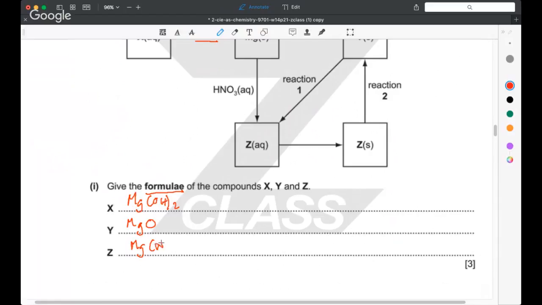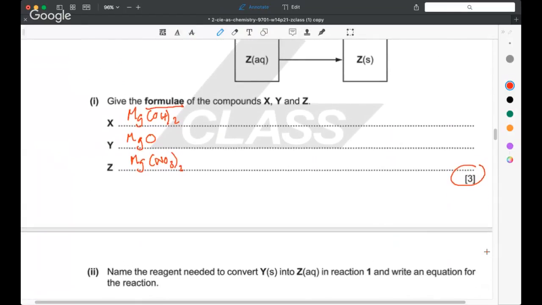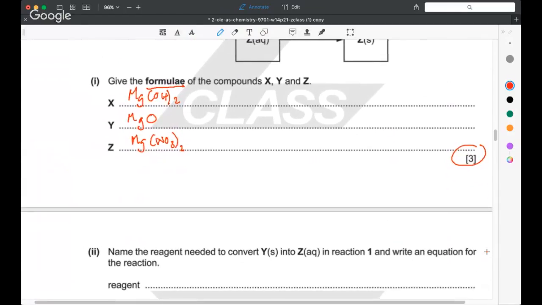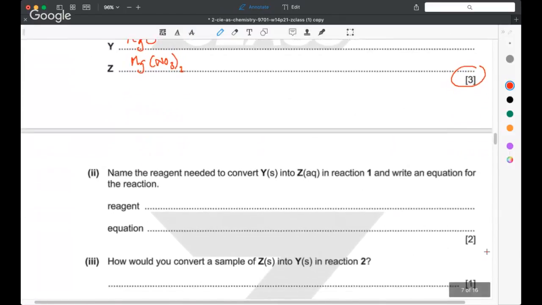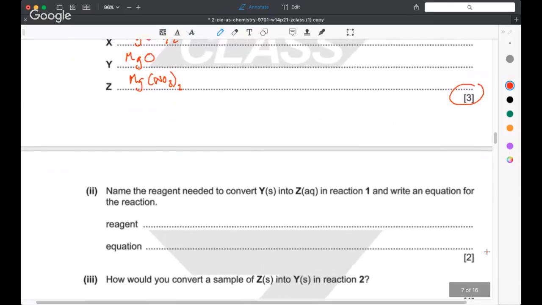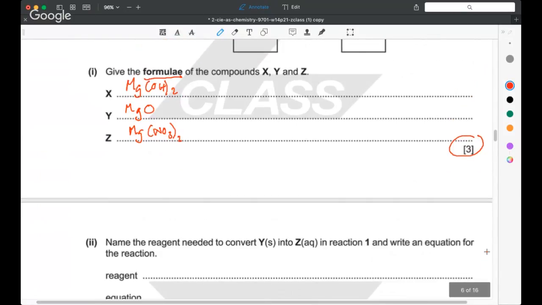And these should be all fairly easy formulae to get. So actually, I think that's 3 easy marks there if you know your group 2 chemistry reasonably well. It's an area that all students need to properly revise, because it's coming up again and again in these Cambridge International exams.